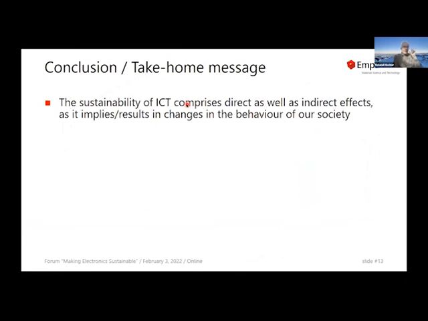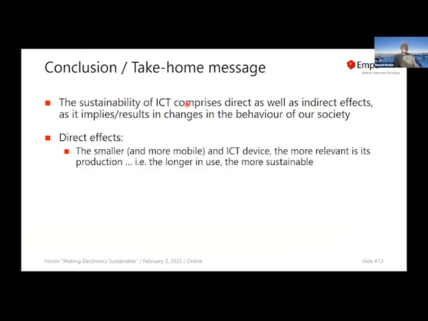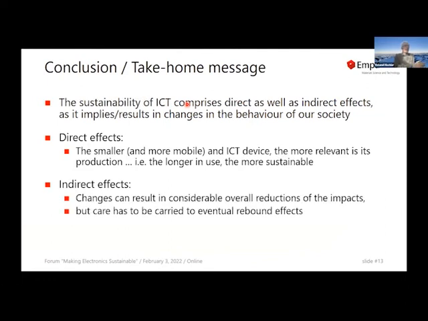Conclusion: the sustainability of ICT always has a direct as well as an indirect component. And in the end, it results in changes in the behavior of our society. Obviously, the smaller and the more mobile a device, the more relevant is its production, and the longer it should be in use in order to be more sustainable.